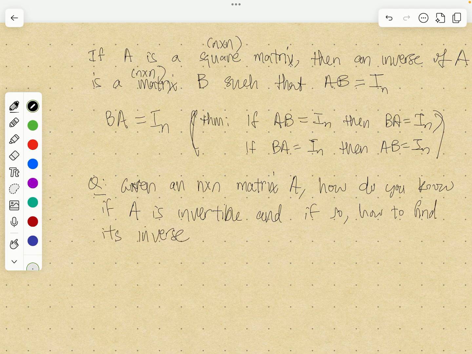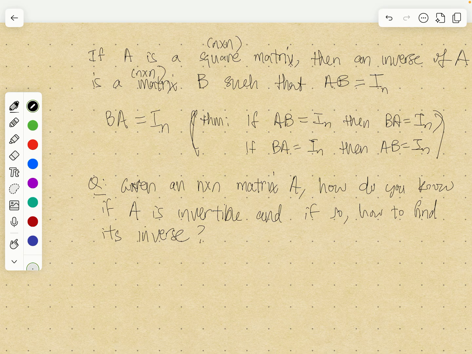One thing I'm sort of sweeping under the rug is that, strictly speaking from the definition, there could be more than one inverse. The definition just says an inverse of A is a matrix B, but in advance I didn't say that there couldn't be more than one B. There could be lots of different matrices such that when you do A times that matrix, you get the identity matrix.